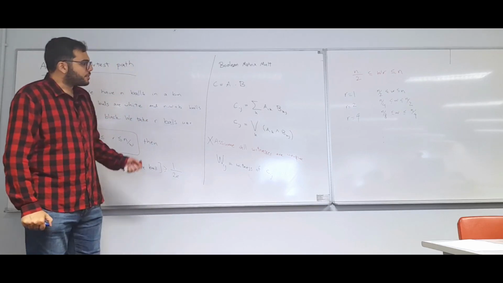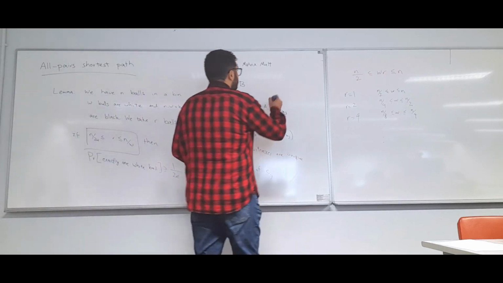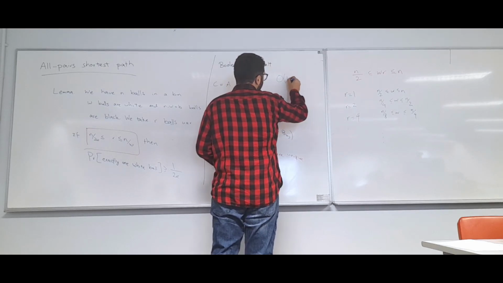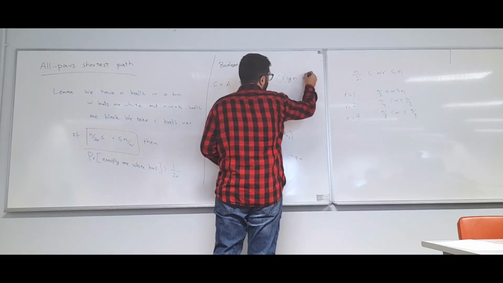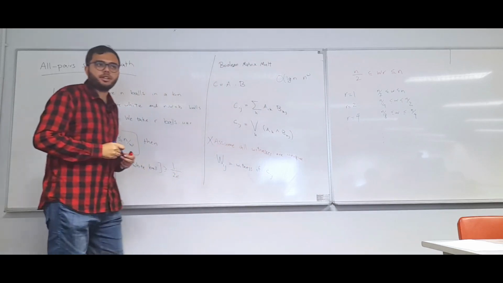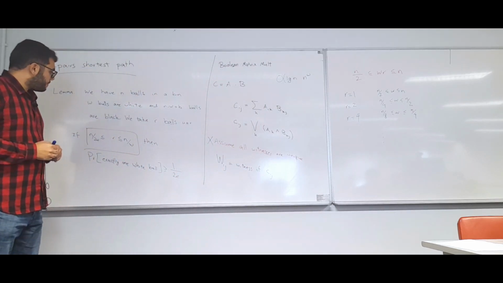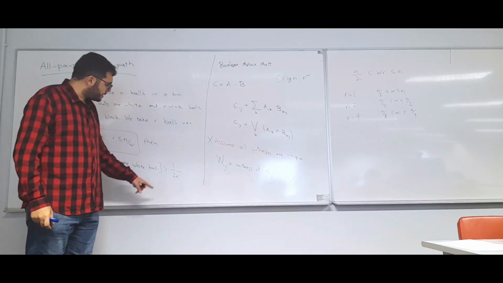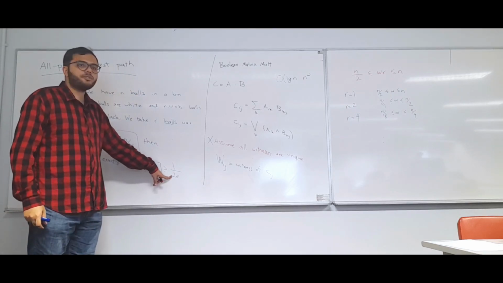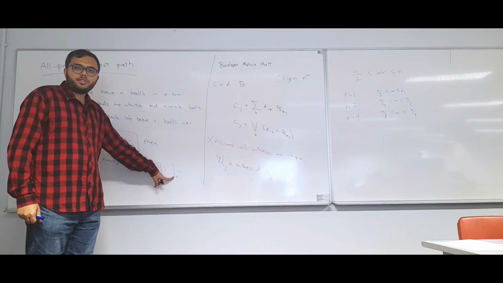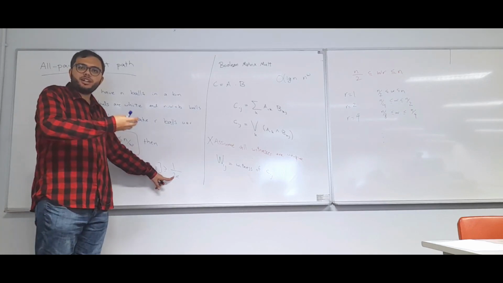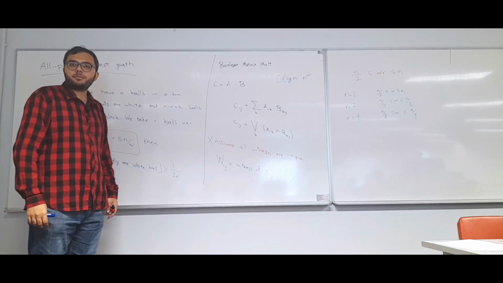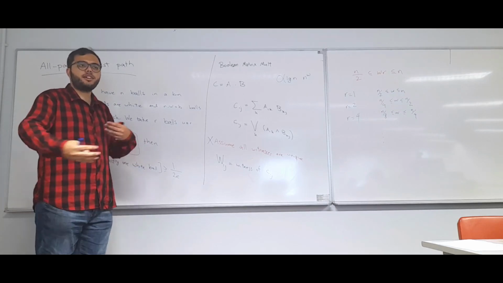Okay? So what is the runtime? The runtime is, well, I have to try log n different values of R. And for every one of them, I was doing n to the power of omega operations. But the probabilistic guarantee that I have here is that each of my witnesses is correct with probability more than 1 over 2e. And if I want this probability to get close to 1, if I want this probability to be n minus 1 over n or something, I have to repeat this whole process again log n times.